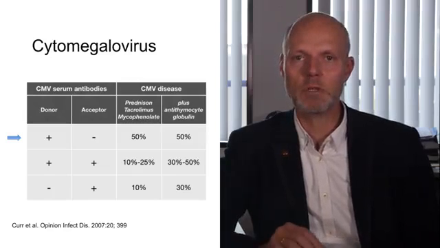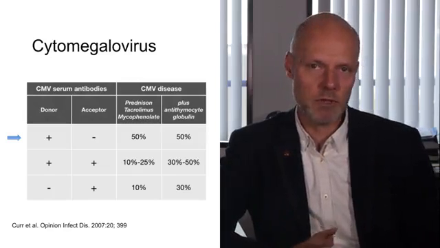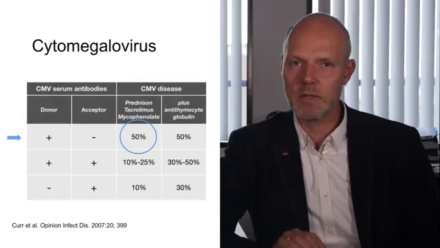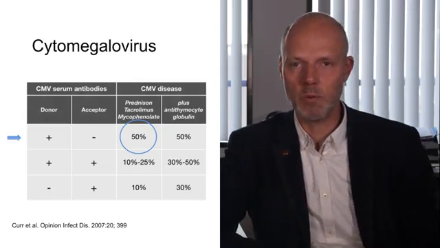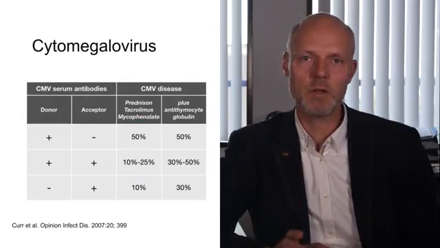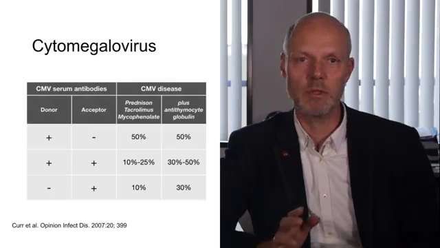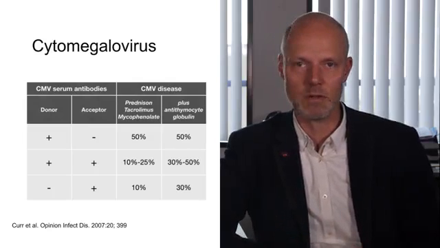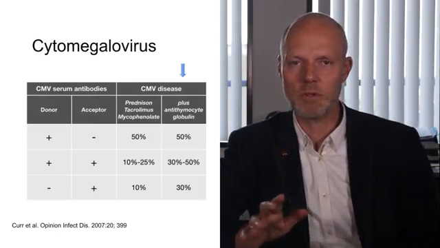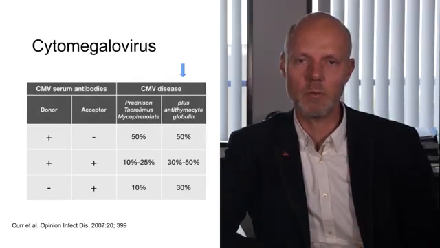Clinical disease is most likely to develop in seronegative recipients, as is shown in this table. Clinical disease is also more likely to develop in seropositive recipients from seropositive donors. This is because there is considerable antigenic heterogeneity between different CMV strains. As you can see, the risk increases when the recipient has been treated with anti-thymocyte globulin.